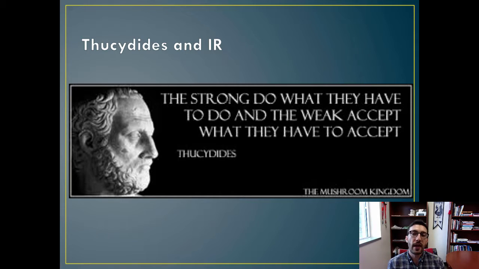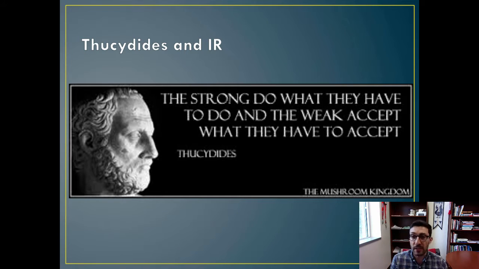Because the idea is here that what structures the system of relations between states, whether we're talking about Greek city-states or common nation-states as we now have understood them since the Treaty of Westphalia in 1648, is that the power and the military prowess of a state is what happens to dictate how it relates to other states and what it's able to accomplish in terms of its own survival and security in the international system.